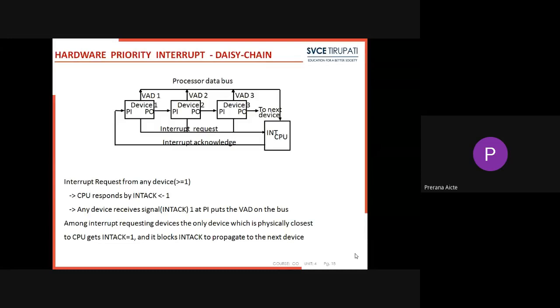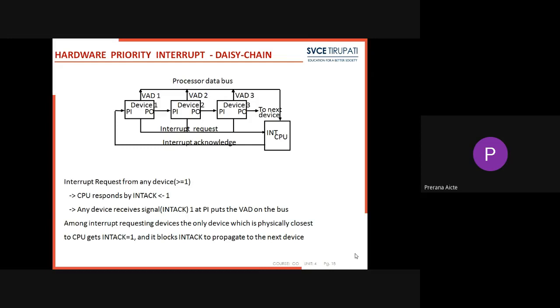The daisy chain arrangement gives the priority to the device that receives the interrupt acknowledgement signal from the CPU. This device sets its flip-flop when it wants to interrupt the processor. If PO equal to 0, both priority out and enable line to vector are equal to 0 irrespective of the value of interrupt.